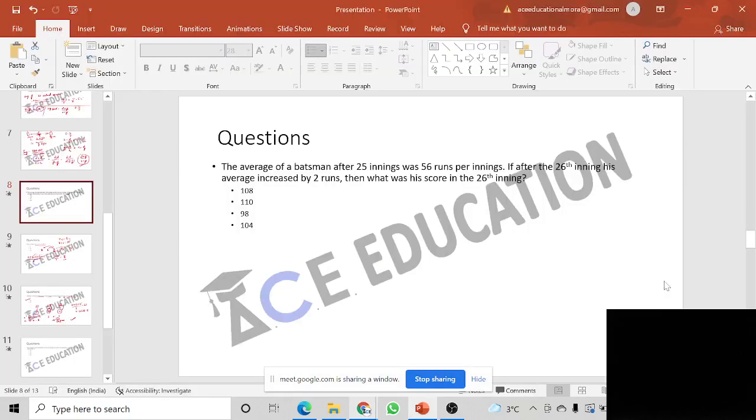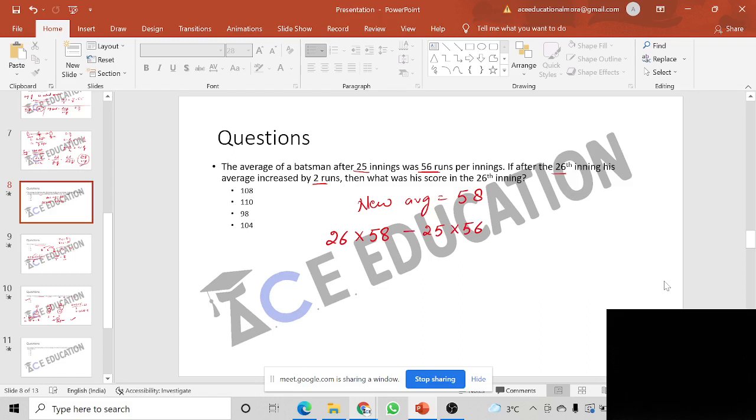Okay, so for everybody else, what she did was, see, the question is saying that for 25 innings, the average was 56 runs per inning. After the 26th, the average is increased by 2 runs, so the new average would be 58 runs. She said in 26 innings, the batsman made 58 runs each, and in 25 innings, he made 56 runs each.